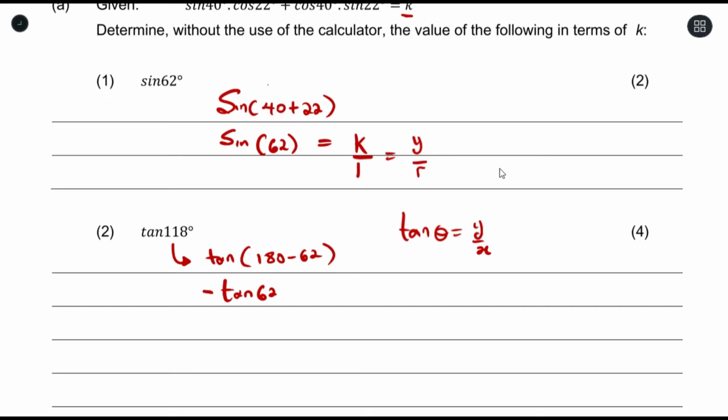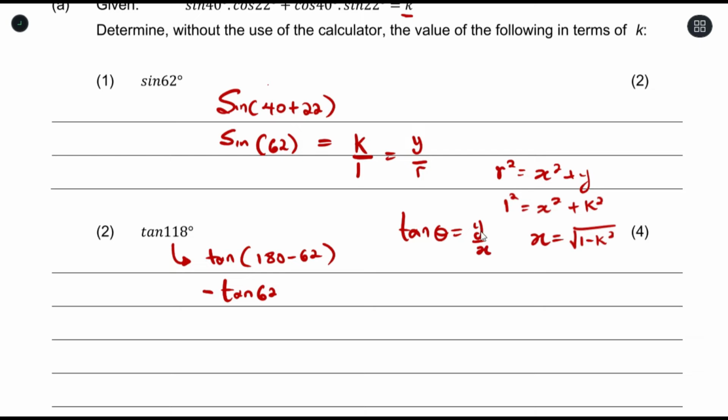To find x, what we can do is say r squared is equal to x squared plus y squared. Now substituting the values of k and 1 into this Pythagoras, we get 1 squared is equal to x squared plus k squared. And in so doing, x is equal to the square root of 1 minus k squared.